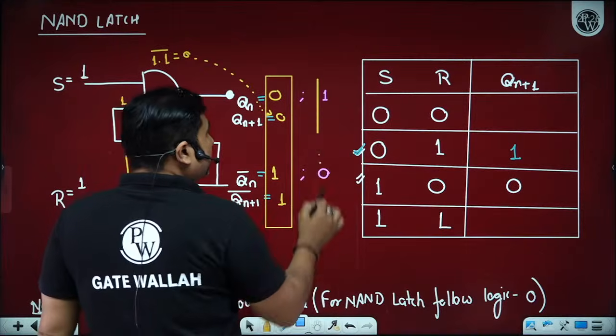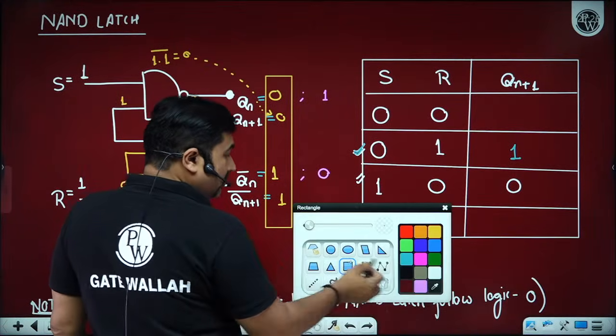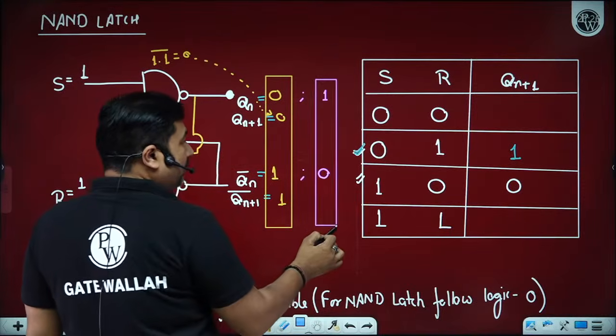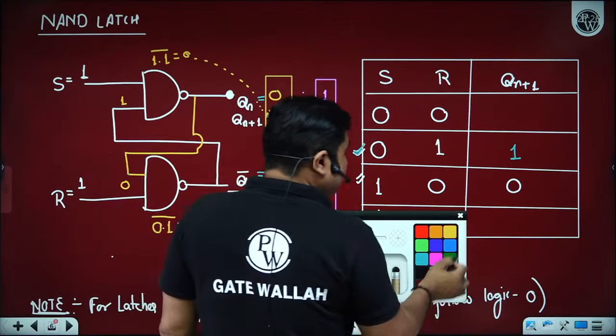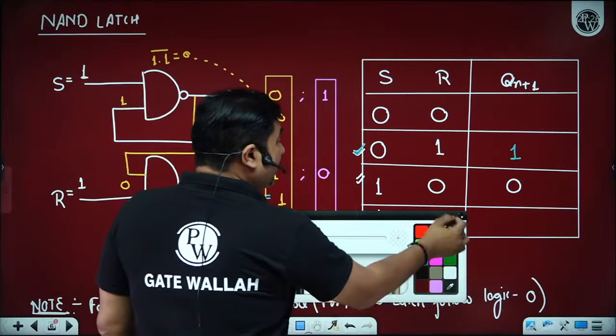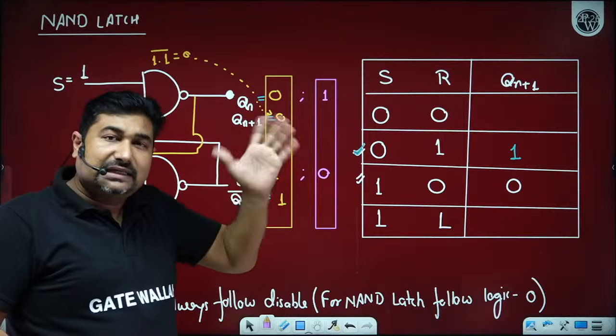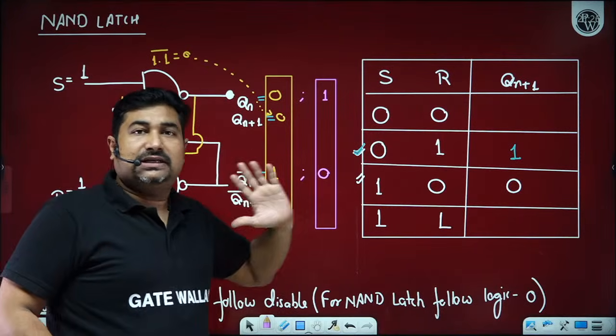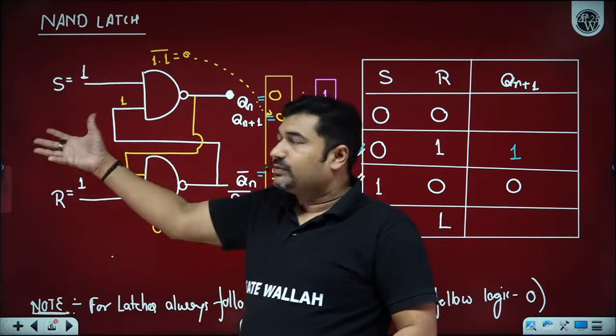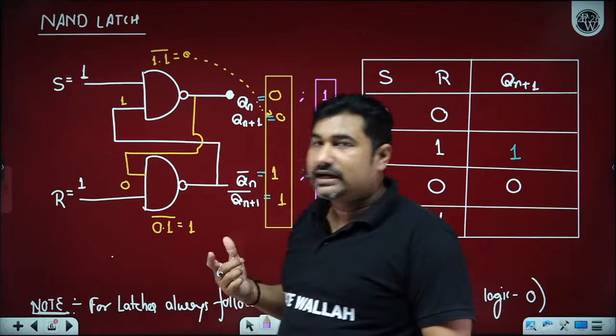Another possibility: before applying the input S equals 1, R equals 1, let us suppose the pink one is your present state. So for the pink one as a present state, that is Qn is 1 and Qn bar is 0. I am considering this as the present state and now you are going to apply input S equals 1, R equals 1. Then what happened?